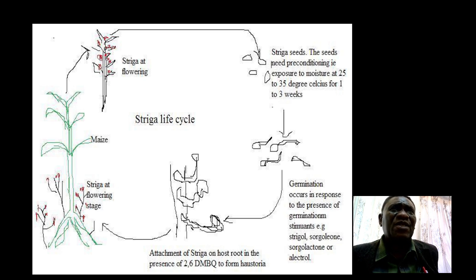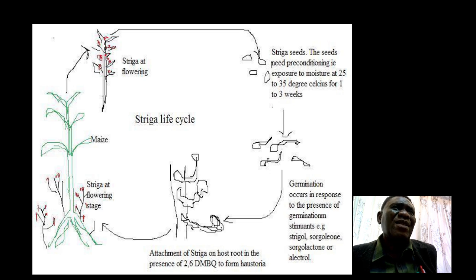Then they can respond to stimulants which are produced by the host. These germination stimulants are known as strigolactones. It could be sorgolactone, strigol, or orobanchol. But here I can say there are a variety of these substances which can stimulate the striga depending on the plants which are producing them.